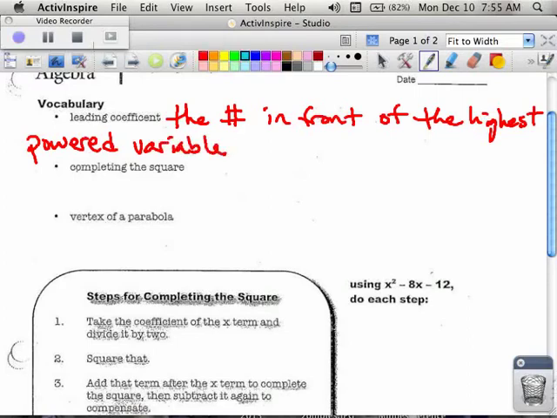For example, if we have 7x squared minus 2x plus 5, the leading coefficient would be a 7.